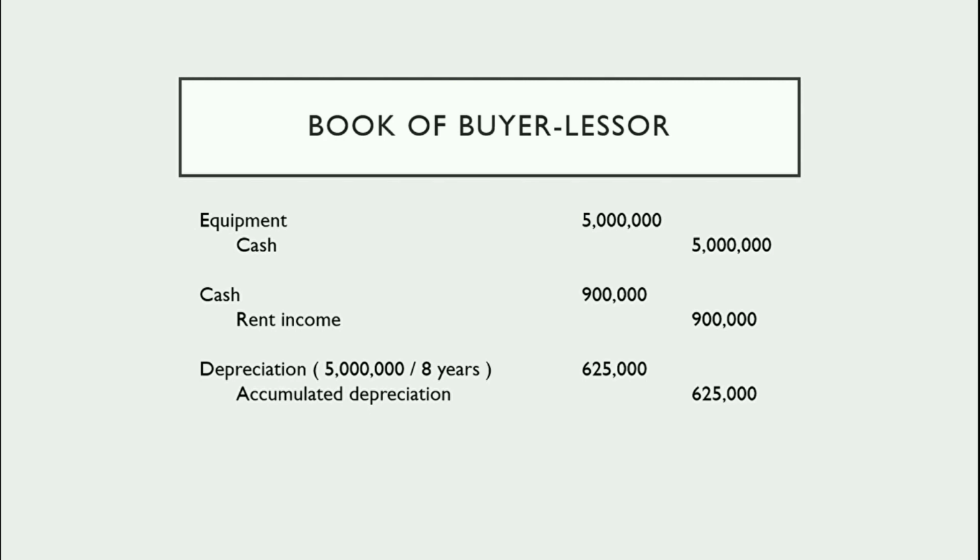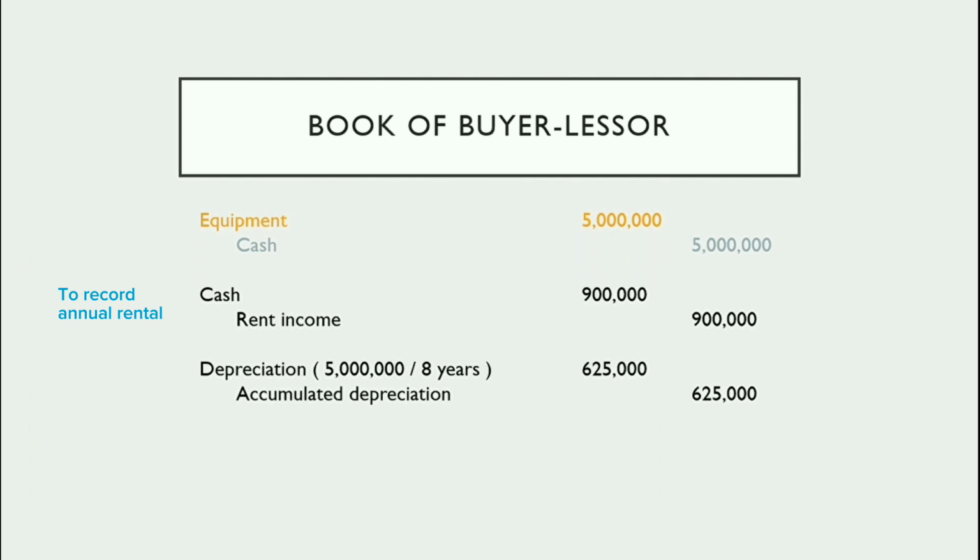Moreover, the present value of rentals of 4,591,000 is less than 90% of the fair value of 6 million. So to record the purchase of the equipment, we will debit equipment for 5 million and credit cash for 5 million. As you can see, ang ginamit natin ay selling price kasi yan yung purchase price niya.